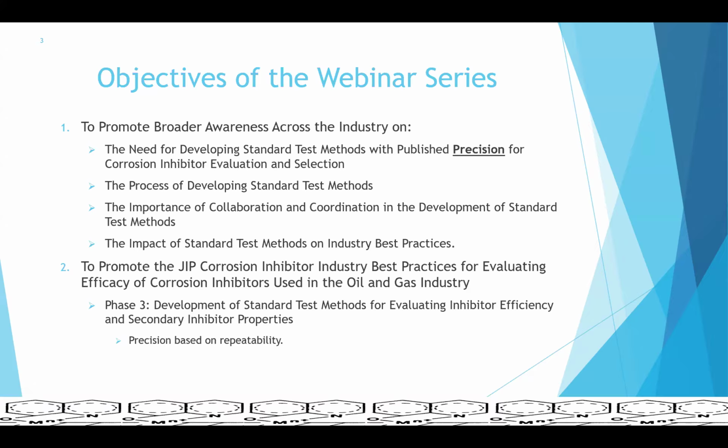We'll be talking more and more about precision throughout the webinar series. We'll also talk about the process of developing the standard test methods. Standard test methods include the precision statements.